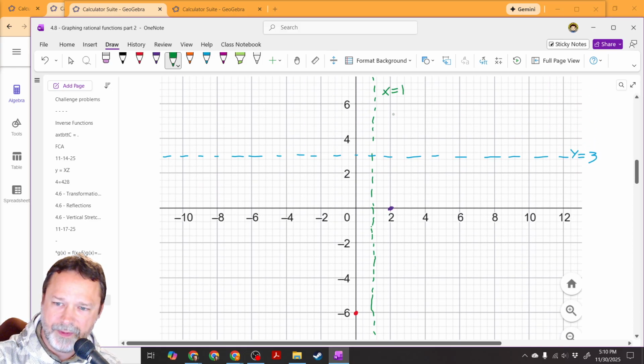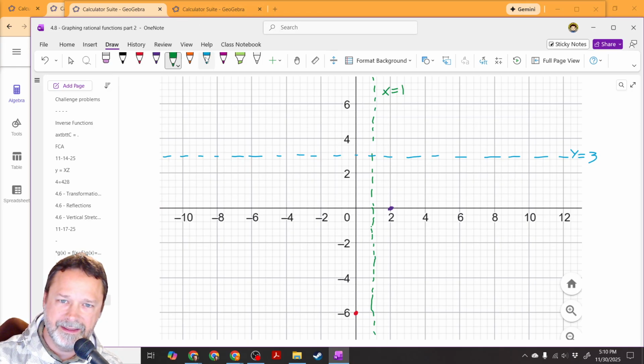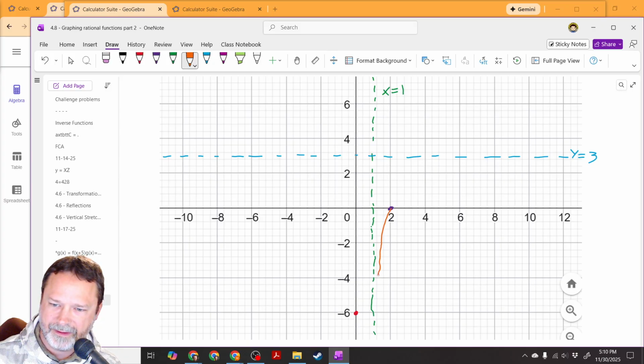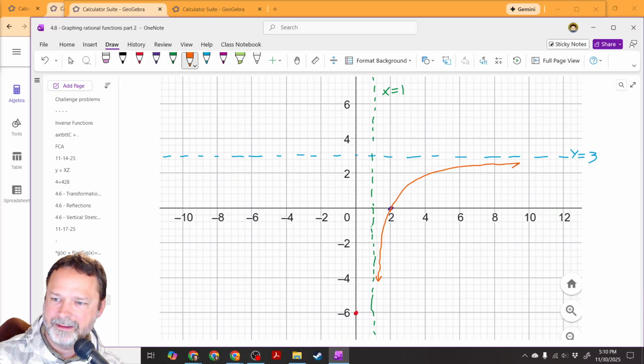We got some points, and actually, I already have a really good feeling about what my graph is doing, because here's a point here on this side of both these asymptotes. So I think I'm going to be getting closer to this vertical asymptote this way, and then it's going to go out kind of like this way.